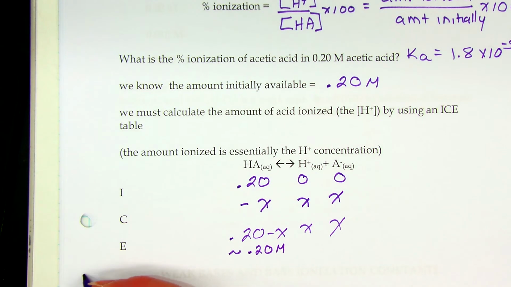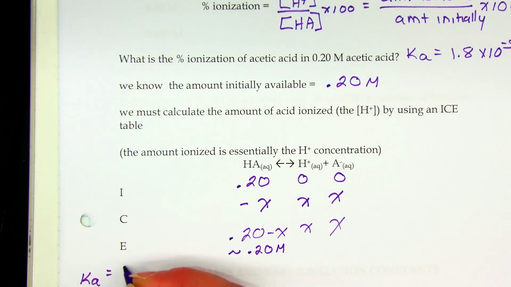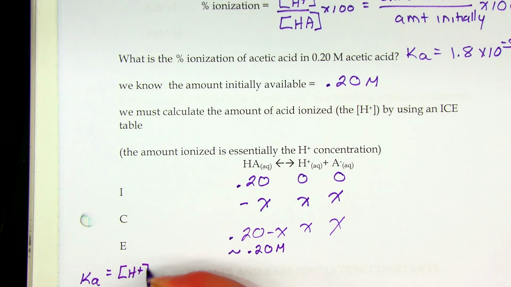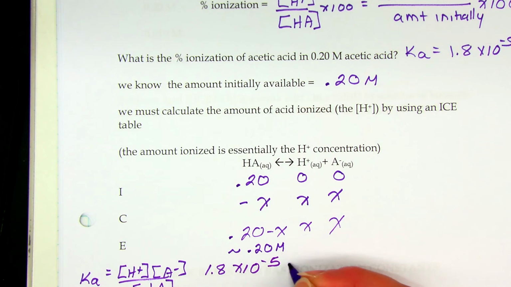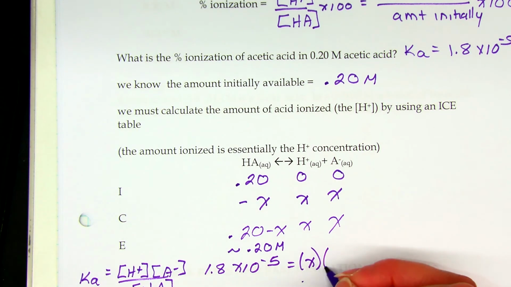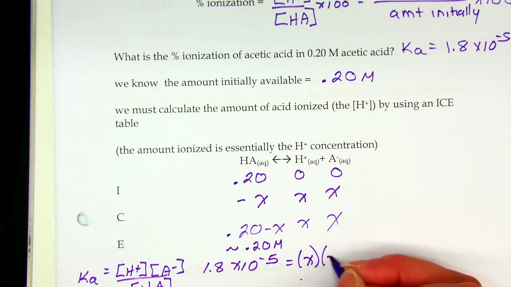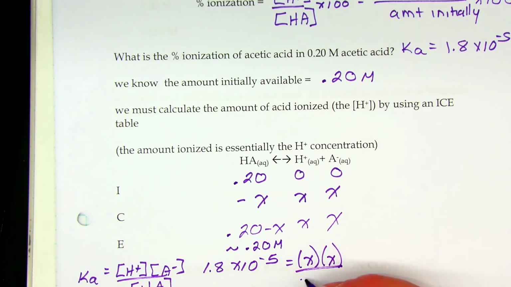So we know that our Ka will be equal to H plus times A minus divided by HA. So now we plug in the numbers. 1.8 times 10 to the negative fifth is equal to the hydrogen concentration, X, times the acetate concentration, X, divided by the acid concentration, 0.20 molar.